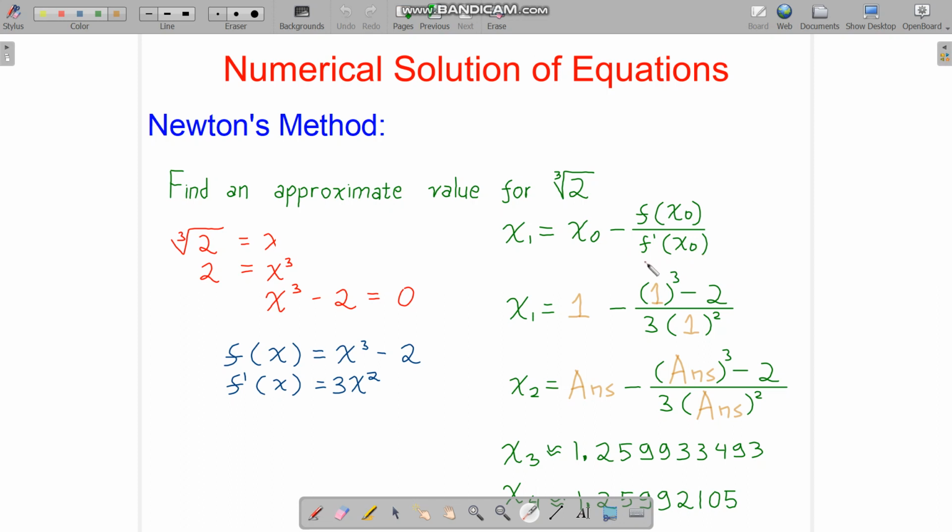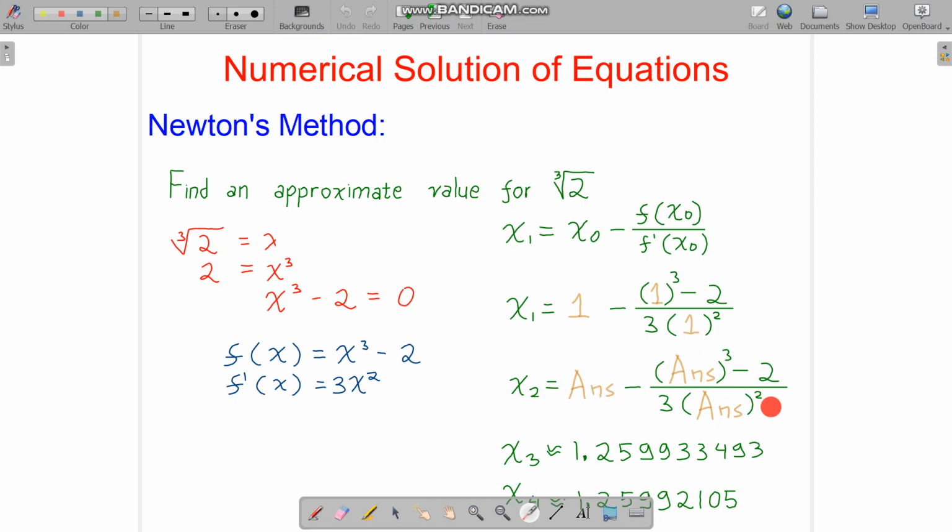So let's say our first guess is 1. So we plug in x naught equals 1 everywhere. Using a calculator, you'll get some value, and just press the back button in your calculator and replace the 1s with the answer button. So delete each 1 and press the answer button, and you'll get this in your calculator.